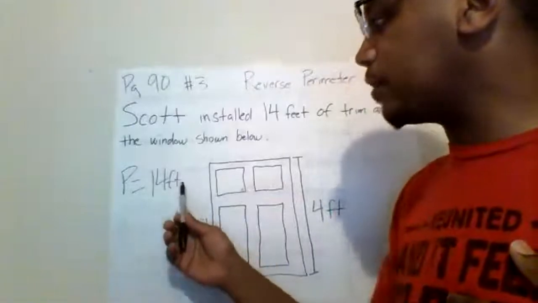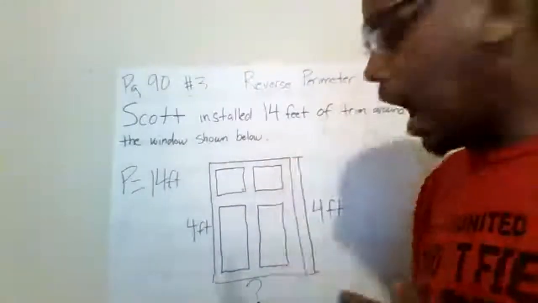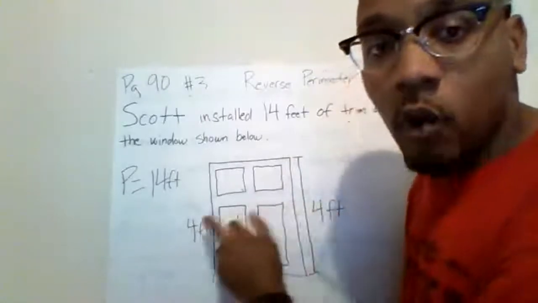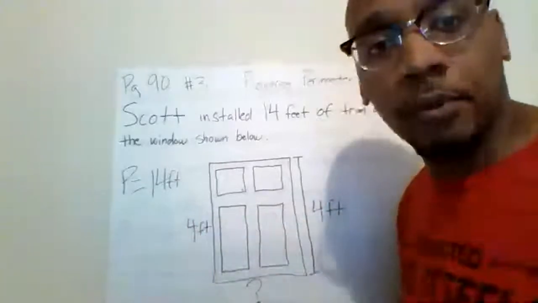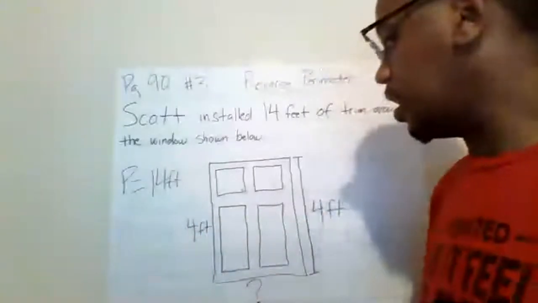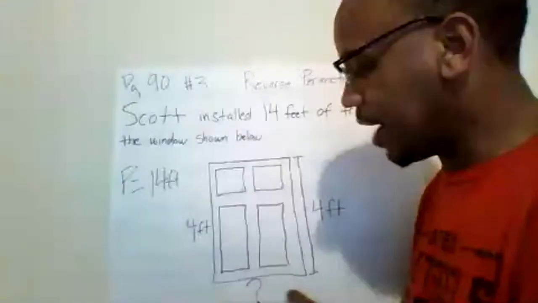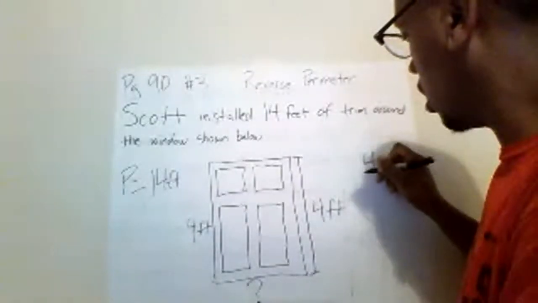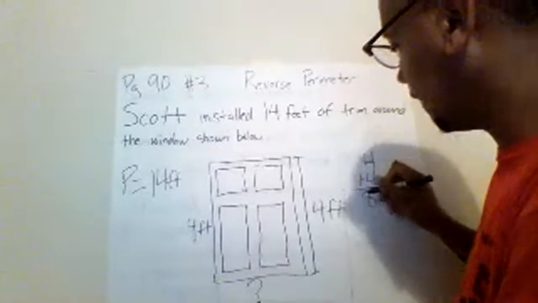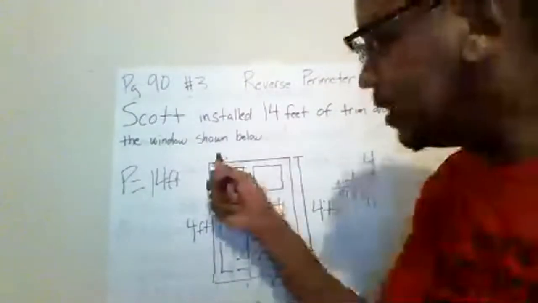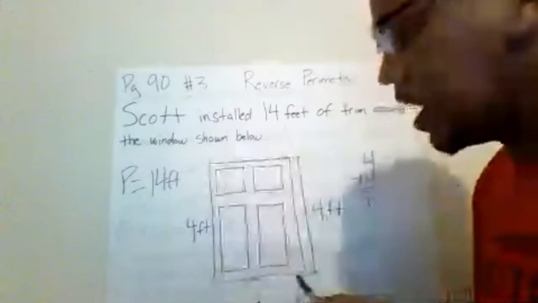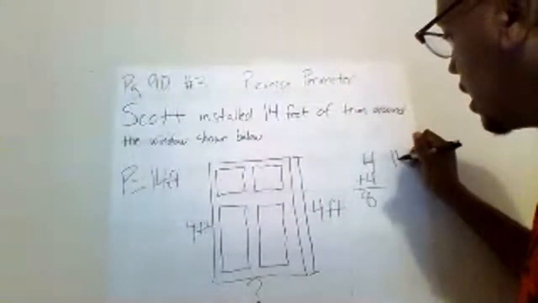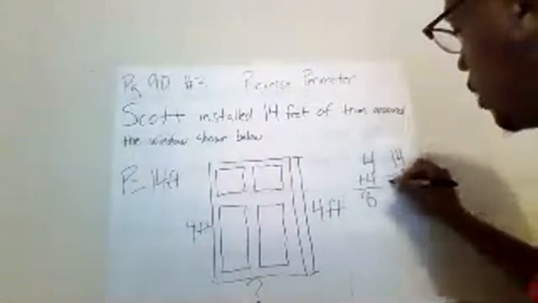Now, because this is 4 and this is 4, it helps me out. I can take that off the perimeter because I already know the trim over here is 4 and the trim over here is 4. So I already know 8 comes off the perimeter. 4 plus 4 is 8, which means this and this have to be whatever 14 minus 8 is. 14 minus 8 is 6.